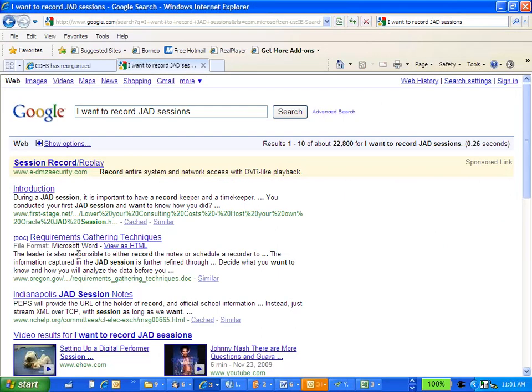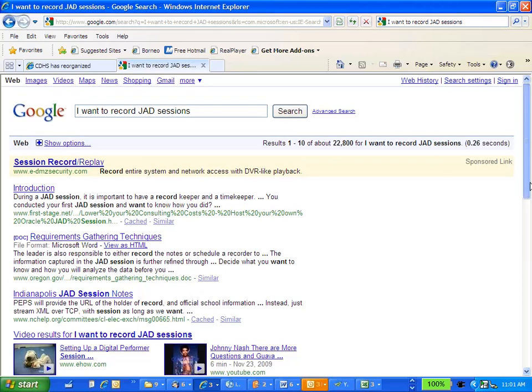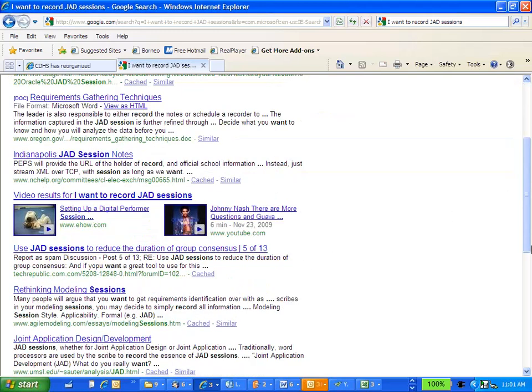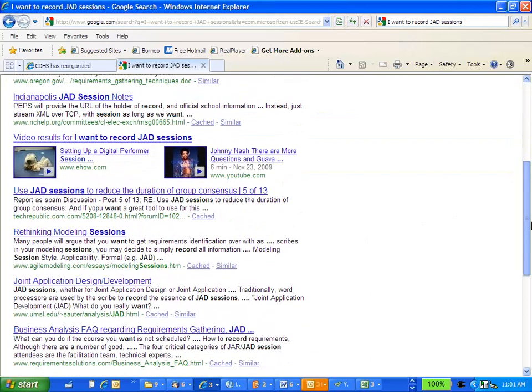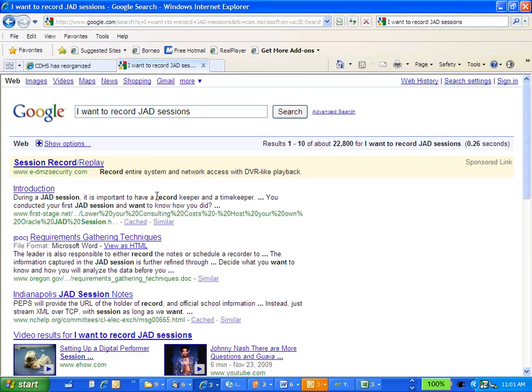Does anyone record JAD sessions? I think you record as in record by hand.